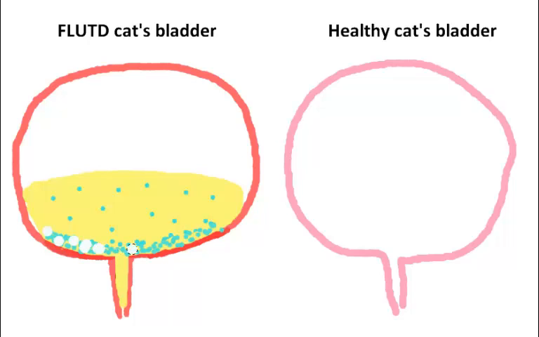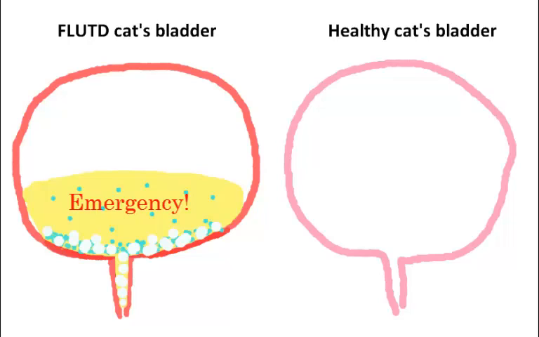And when this happens, they're not going to be emptied out as frequently with the urine until they get to a pretty significant number. And then what happens is when the cat urinates, these stones go into the urethra and get stuck and cause a blockage. A blockage of urine, when a cat cannot produce urine, it is a life-threatening emergency.